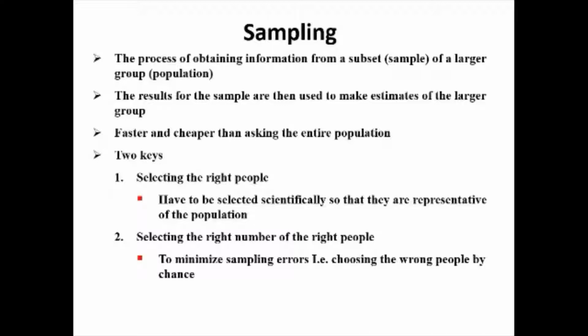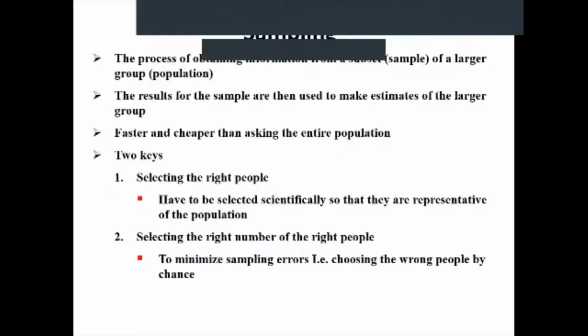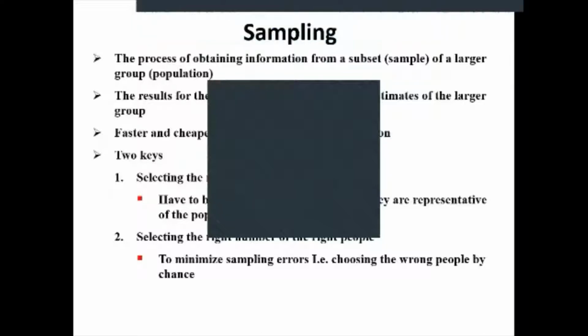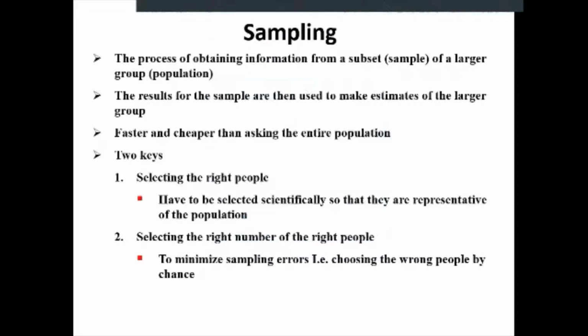It is also very costly and very time consuming. So in order to avoid such difficulties, the researcher has to select a part of the population for the purpose of gathering information. Such a process we call sampling.